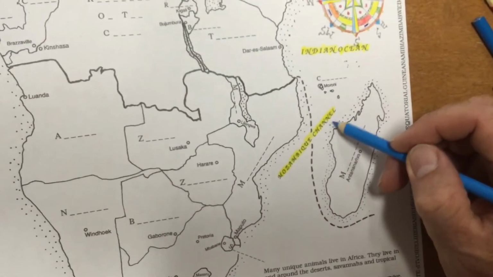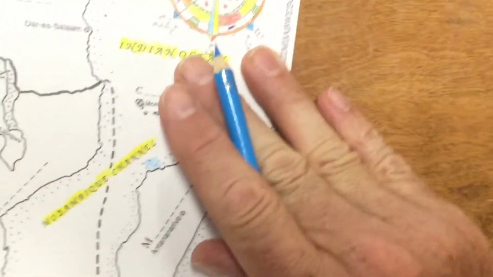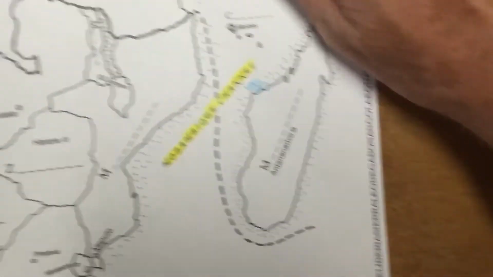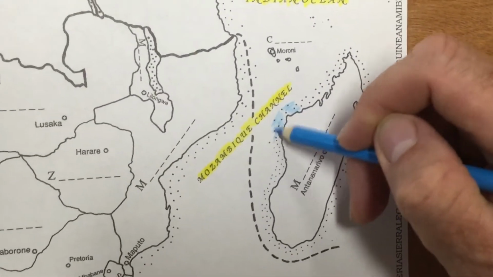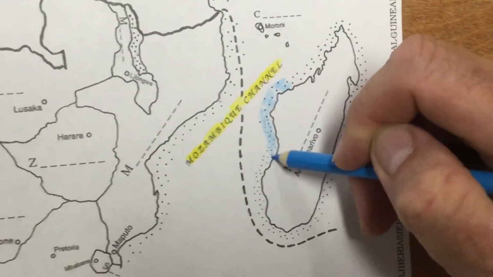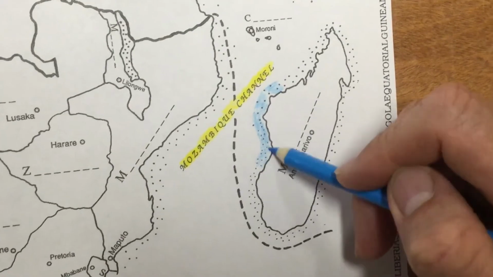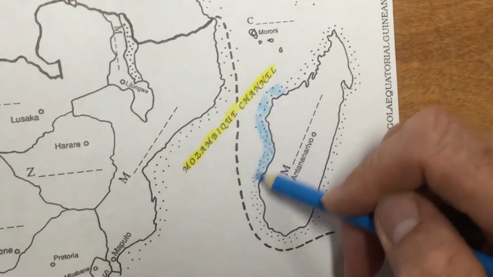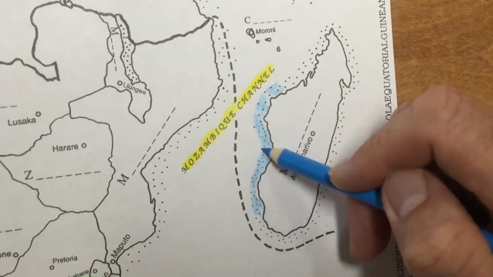Let's take our blue and just very carefully and lightly, wherever you see the dots, that's a good way to highlight the water going around the coastline. It's a good one to practice.